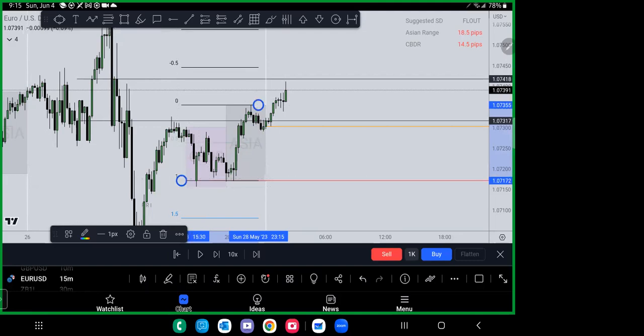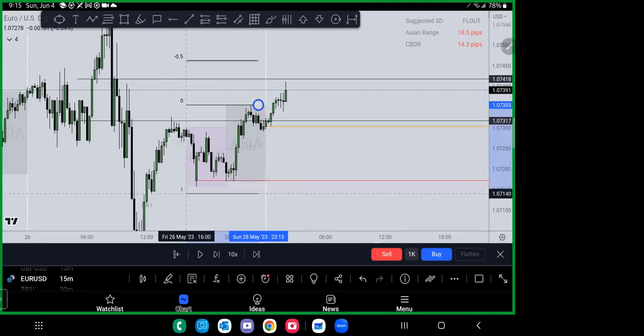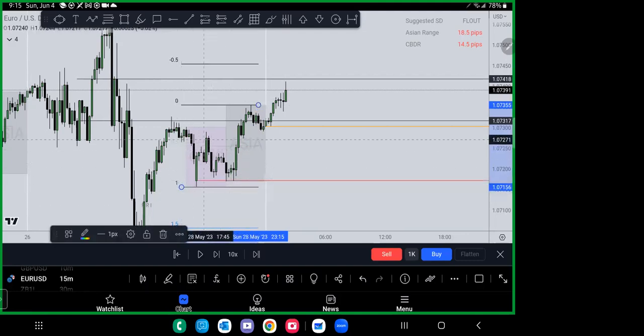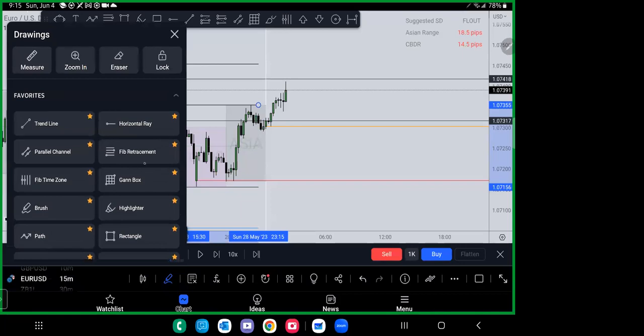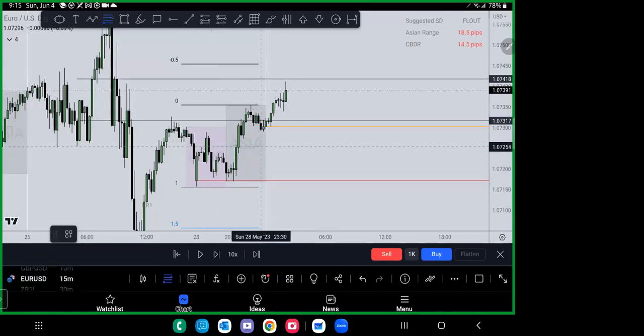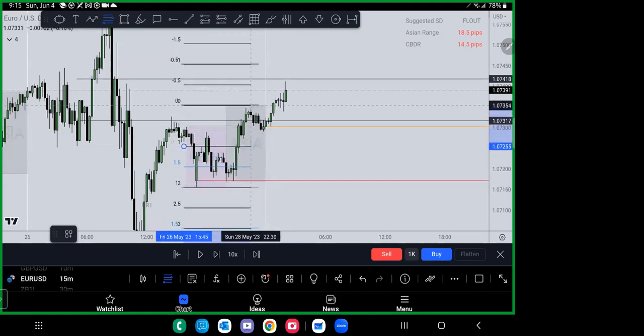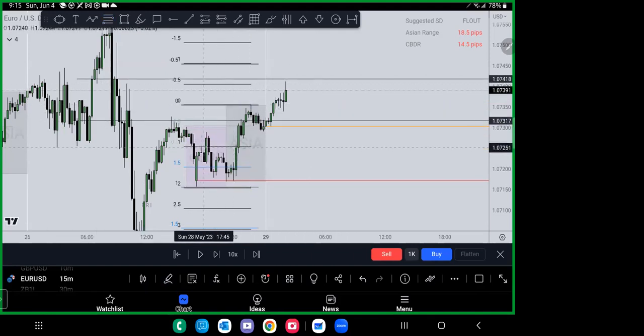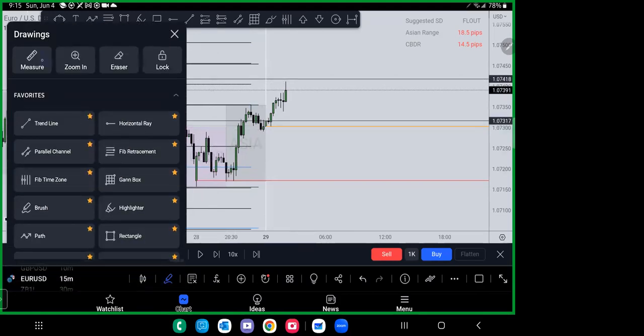For the sake of understanding, let's pretend that we actually did FLOUT on this day. FLOUT is simply taking the central bank dealers range and the Asian range, and then you do deviations basically from the midway point. It doesn't matter if you take the bottom half or the top half, because it's going to align out anyway. So 0.5 is coming in right here, and you have about a 5 pip buffer.